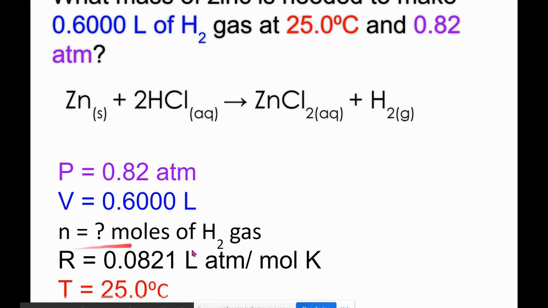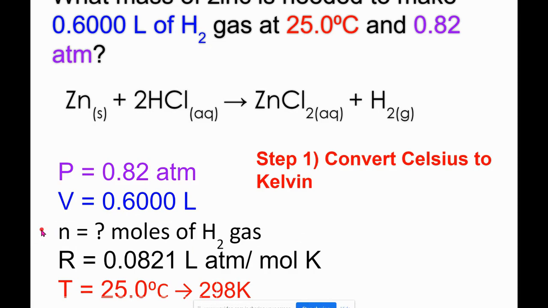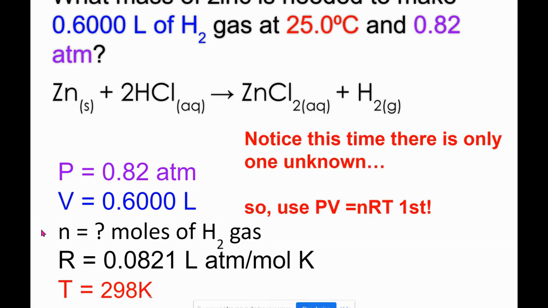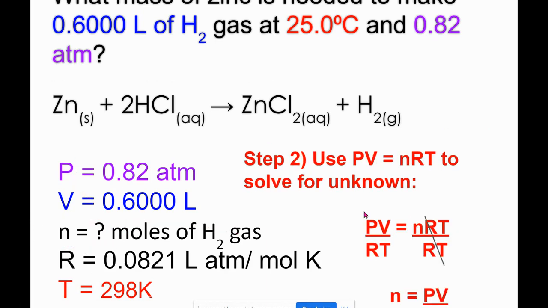So in this particular case, I need to solve for n, at which point you should always just convert Celsius to Kelvin first. Then, one more time, you guys, you're going to use PV = nRT first in this problem. The reason is because you are given only one unknown. You can take PV = nRT and rearrange it to solve for moles, which is exactly what you need to do here.